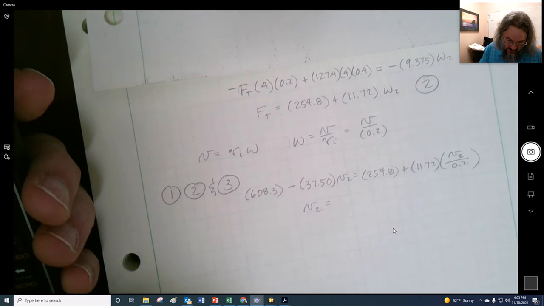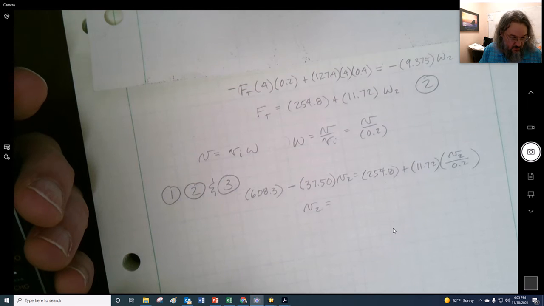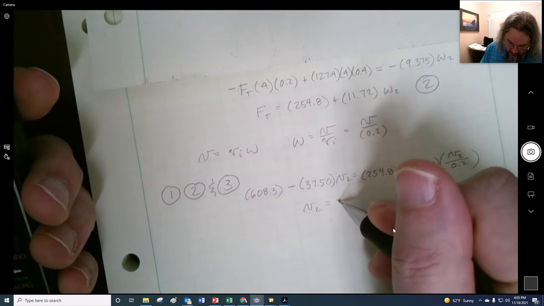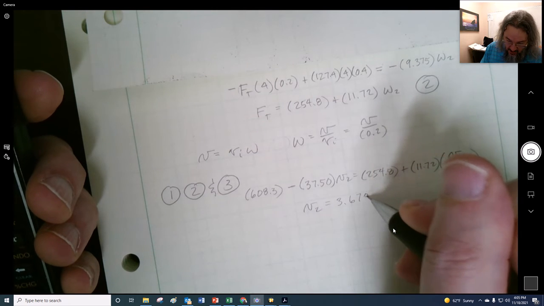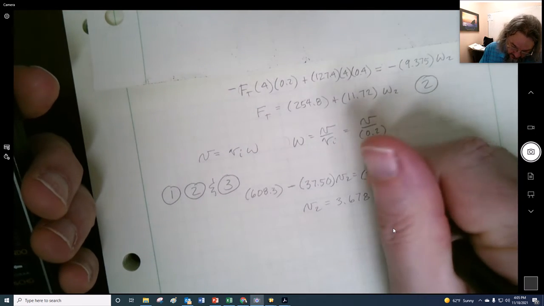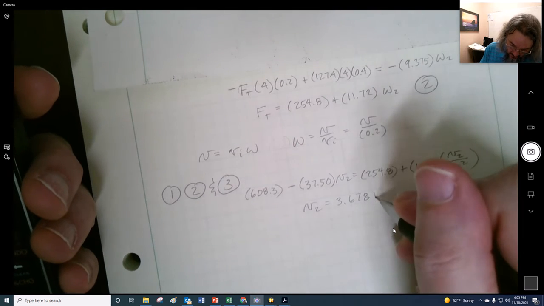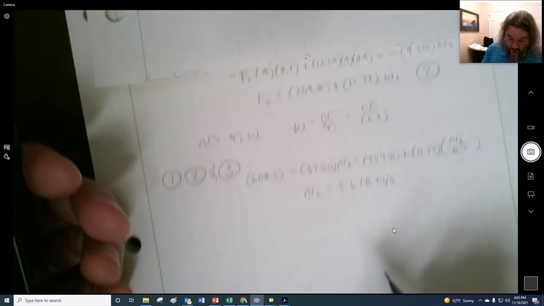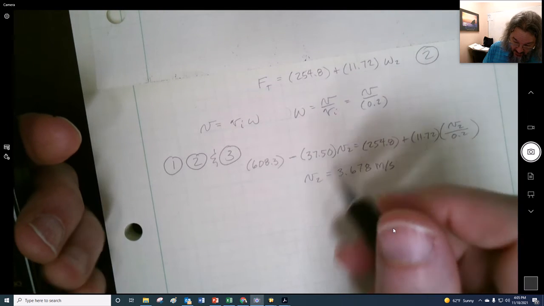Add it with 37.5 plus, and then divide. And we get 3.678. These are meters per second. So we're doing pretty well. And now we want to find the angular velocity.